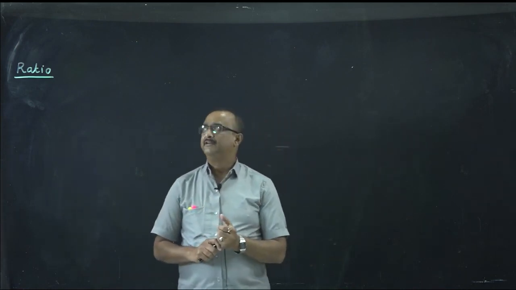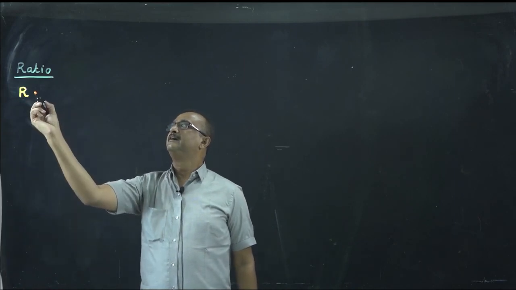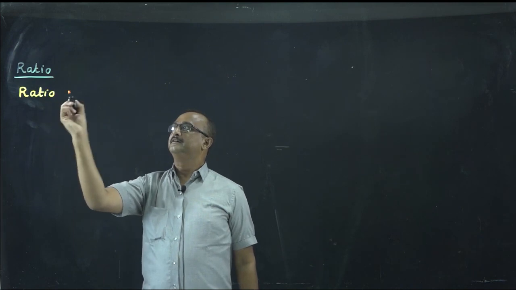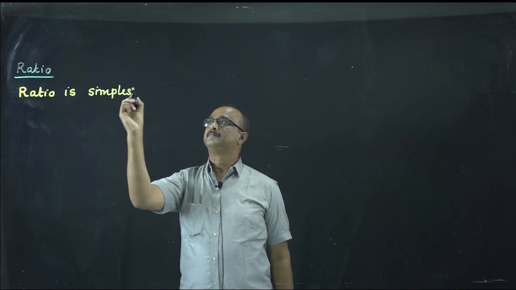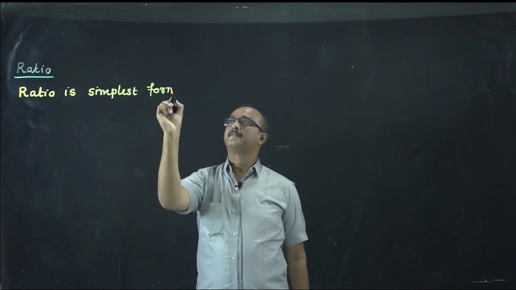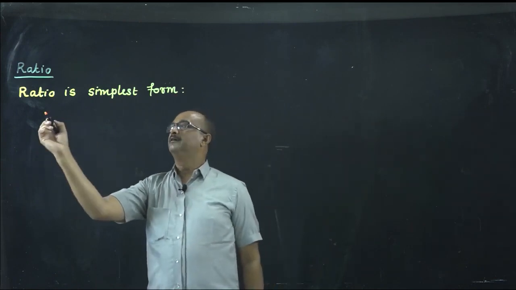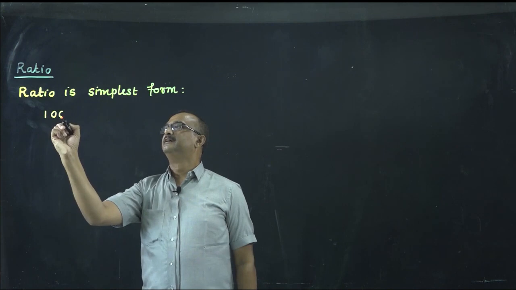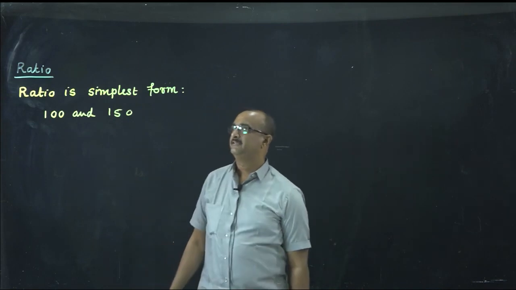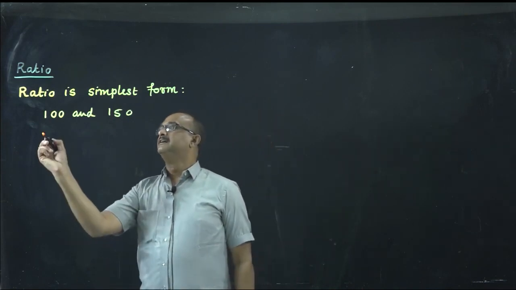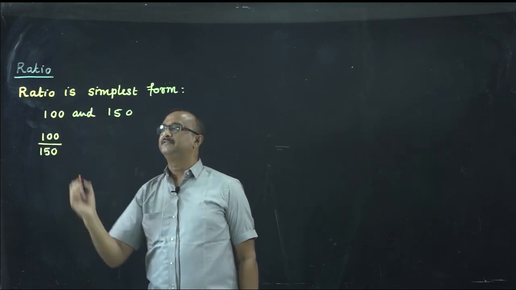Okay, ratio, in a single line we can say, ratio is the simplest form. Simplest form means if you want to find a ratio between 100 and 150, we can write 100 divided by 150, because a ratio is one type of division.